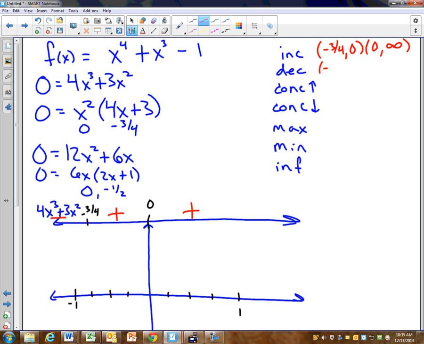Decreasing, negative infinity to negative 3/4. Concave up. Concave down.